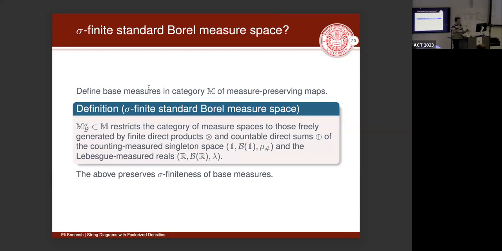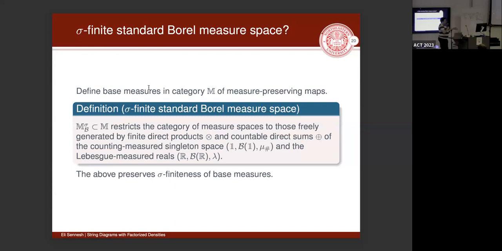So what we end up actually having to do is restrict to the category of measure spaces, then the subcategory of standard Borel measure spaces, and then restrict even further to conditions that give you only the sigma finite standard Borel measure spaces. Try saying that 3 times fast. I certainly can't.